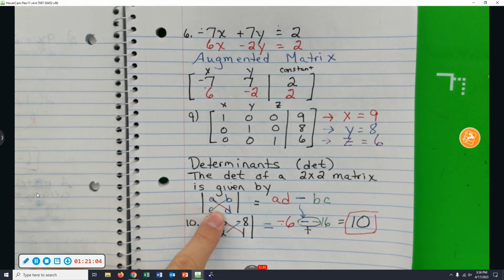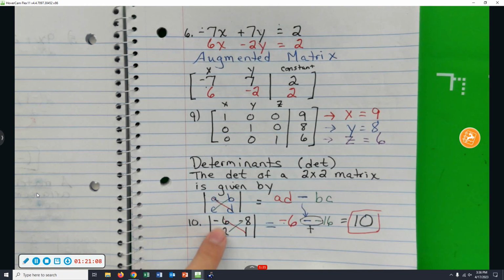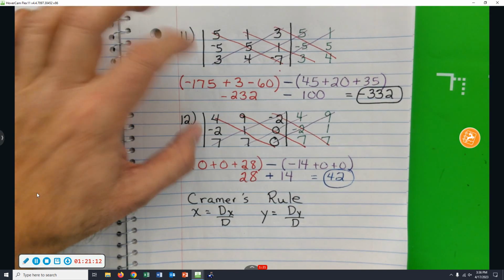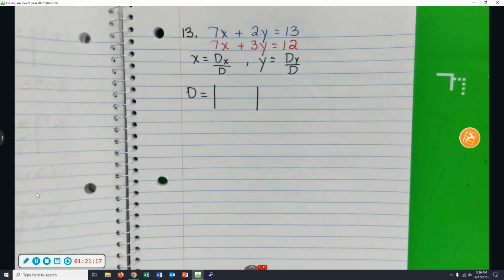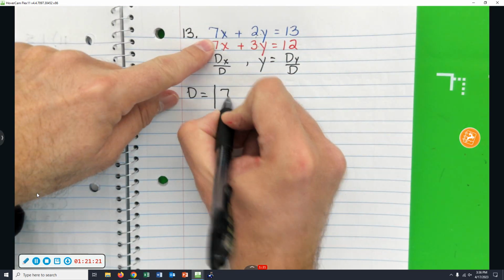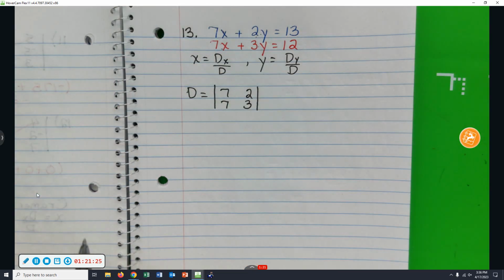of determinants. Okay, you're going to write 3 small determinants like this. I just showed y'all how to find determinants of the big matrices, but you're not using that for these. Just write down 7, 7, 2, 3. That D is called the determinant of the coefficient matrix.